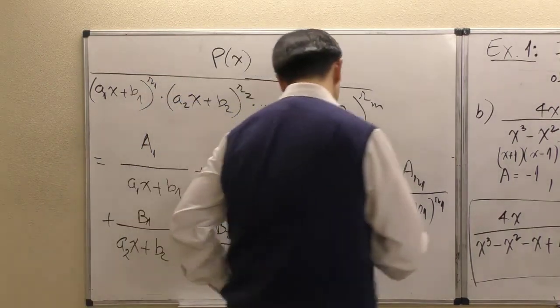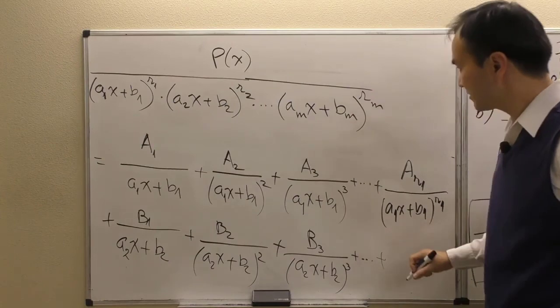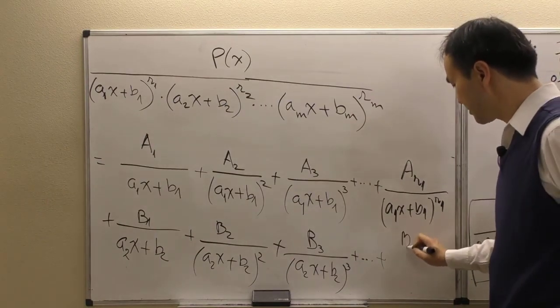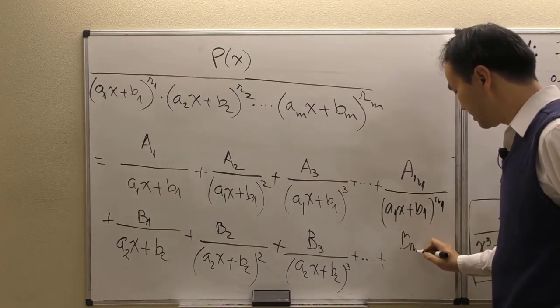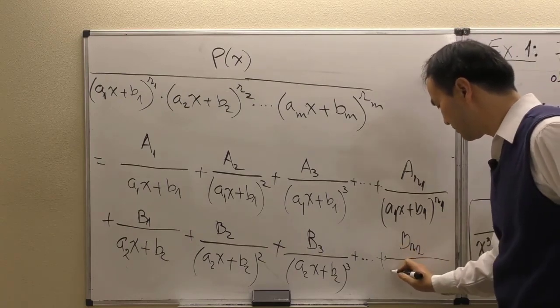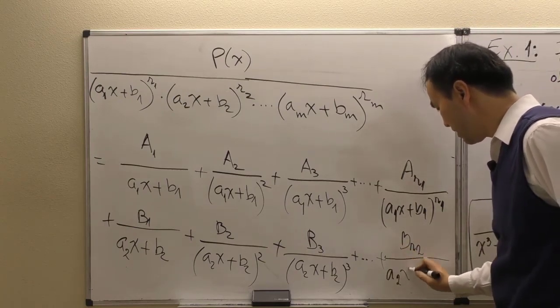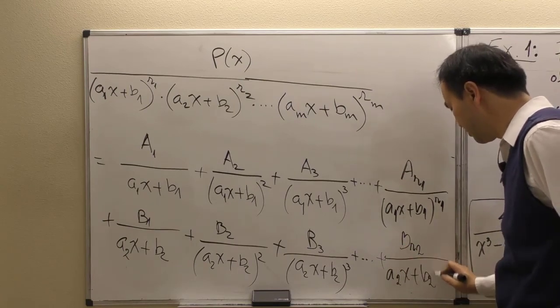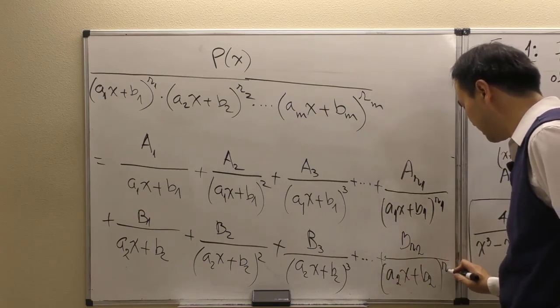Keep repeating that until we reach B sub r2 over a2x plus b2 to the r2 power.